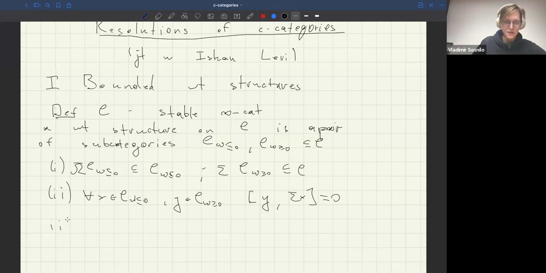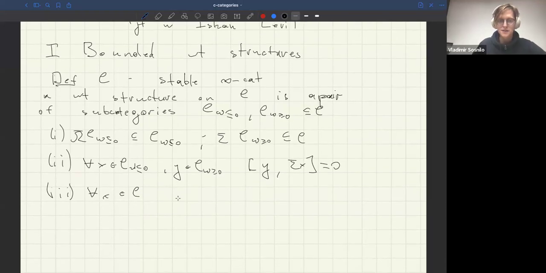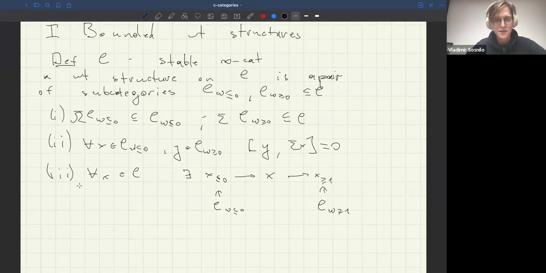And the third axiom is that for any object in C, there exists a decomposition such that this is correspondingly co-connective, as I like to call those, and this is connective. Yes, so this is a general definition.